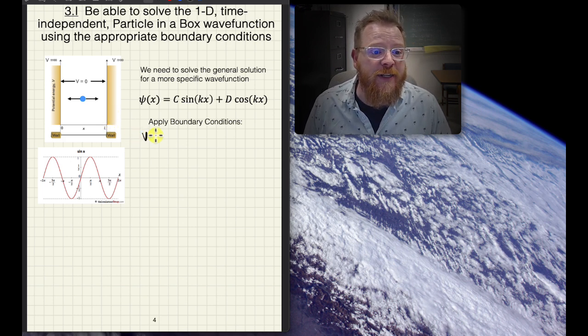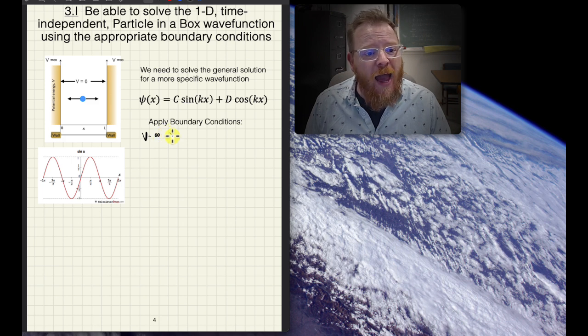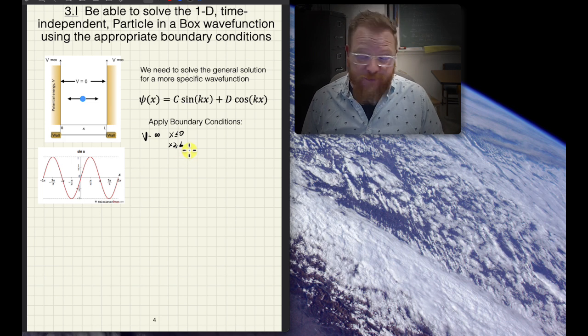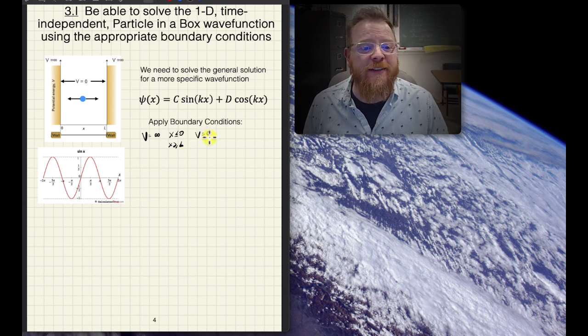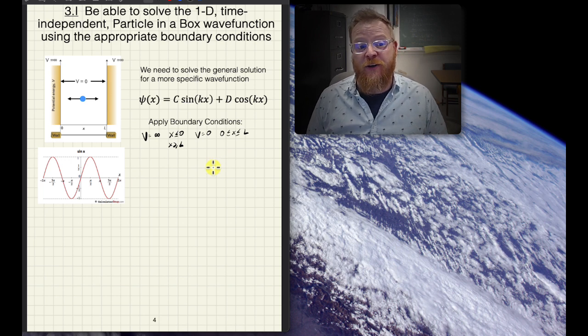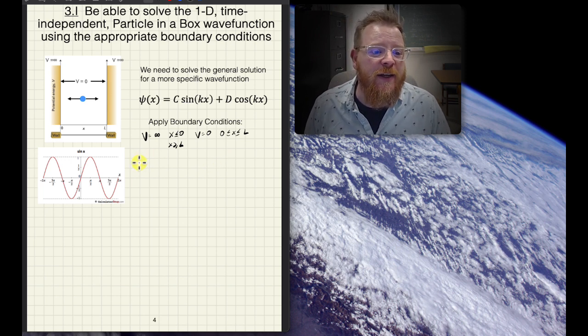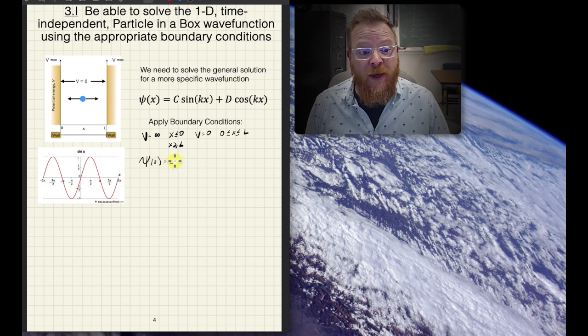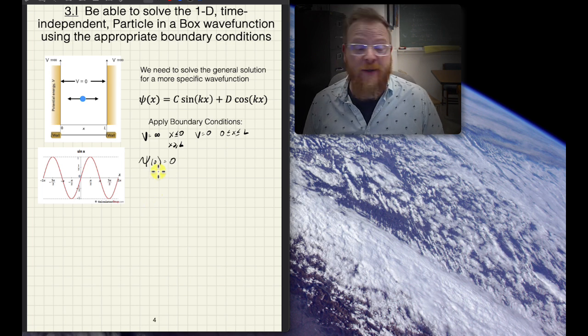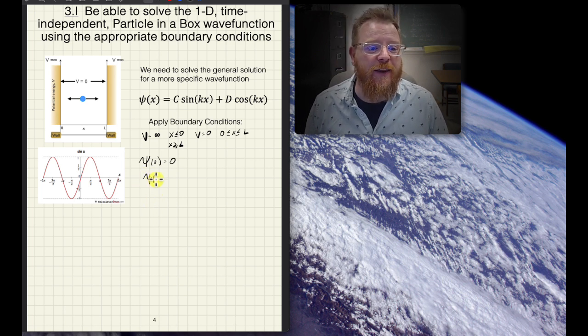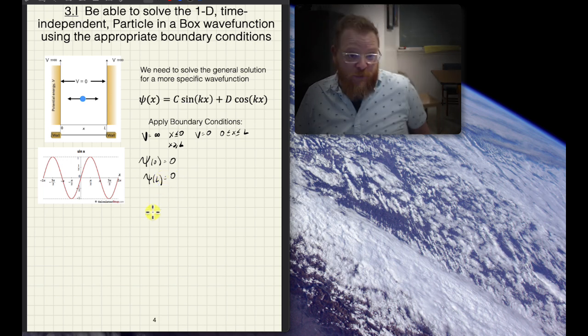So like I said, the potential is infinite at x less than or equal to 0 and x greater than or equal to L. The potential is 0 inside the box, between 0 and L. And what this means then is if we look at the value of psi at x equals 0, it must be 0 due to this infinite potential. And similarly, if we look at the value of psi at x equals L, this also must be 0.